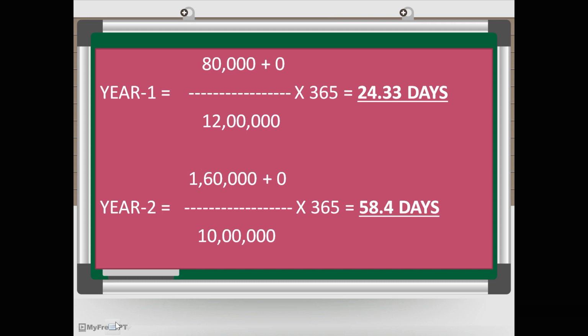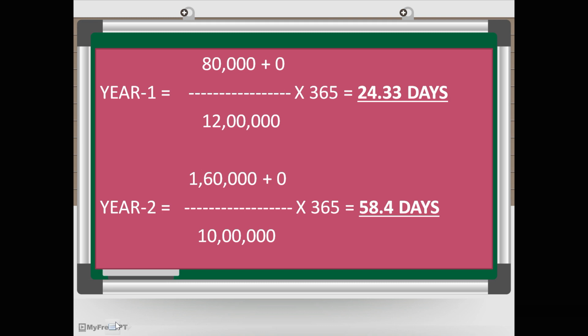Now, you know that collection period should be as minimum as possible. Now, see the first year. It is nearly 25 days.